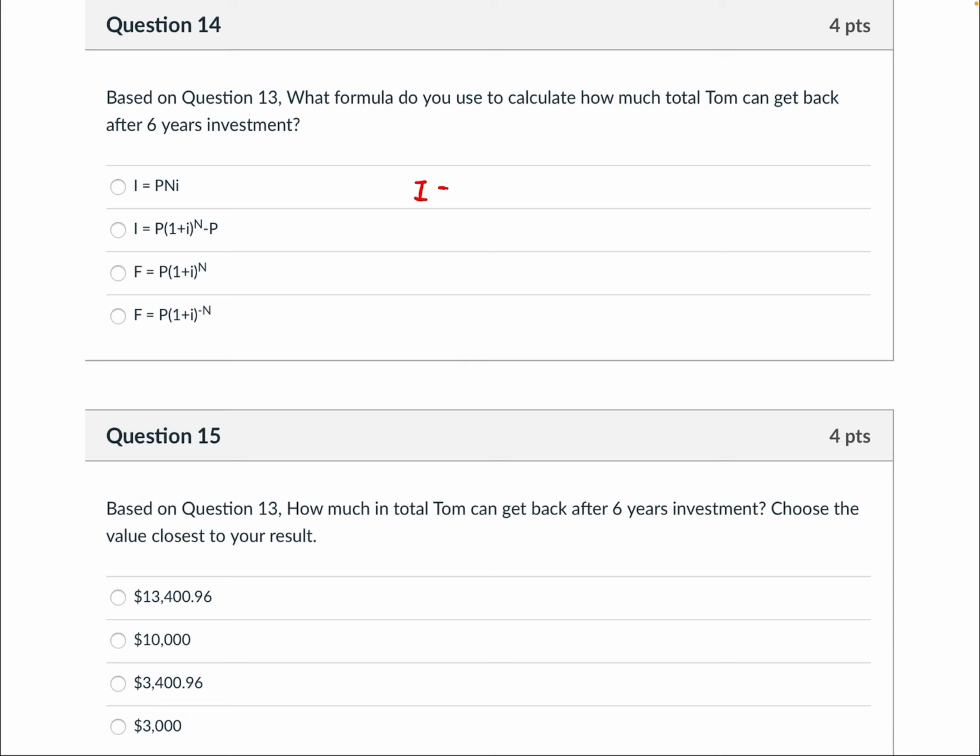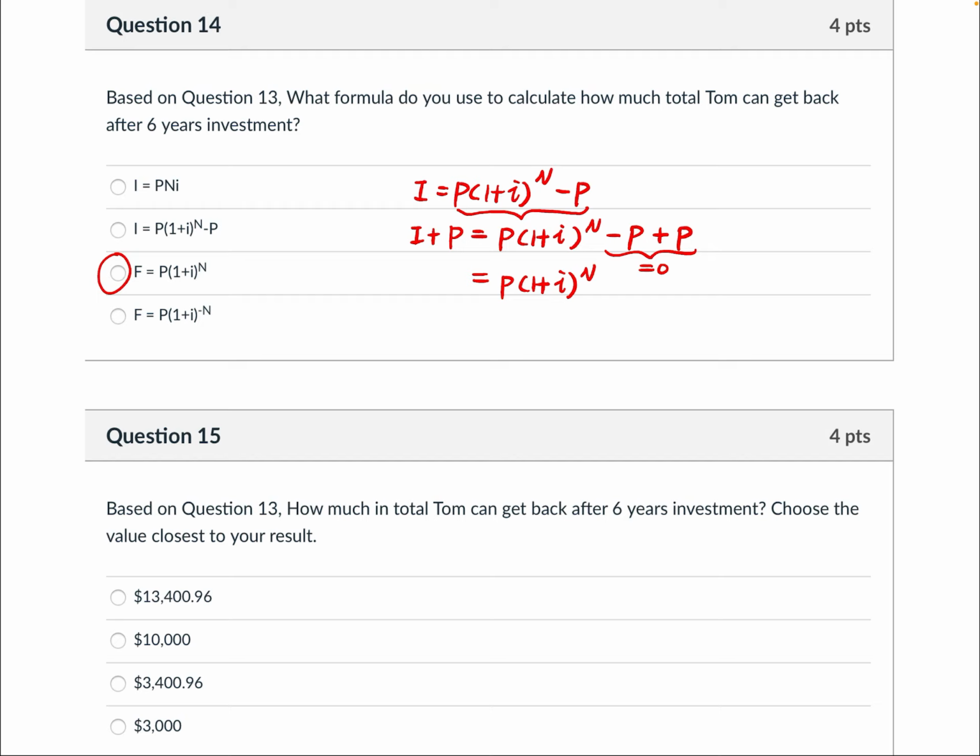So if interest is P times 1 plus I to the power of n minus P, then P plus I is this plus P. So it's P times 1 plus I to the power of n minus P plus P. So these two cancel, and the final answer is P times 1 plus I to the power of n.